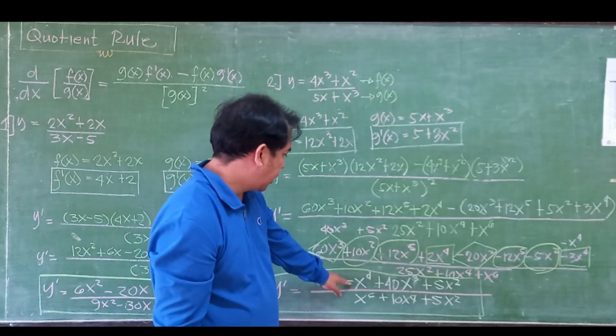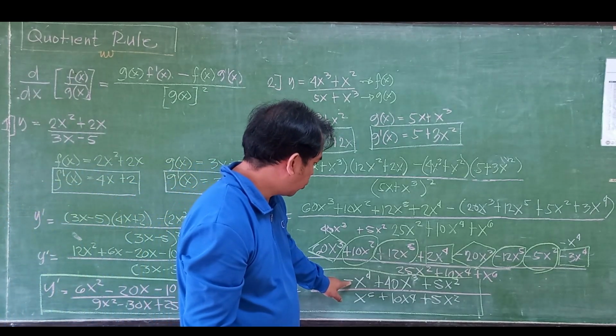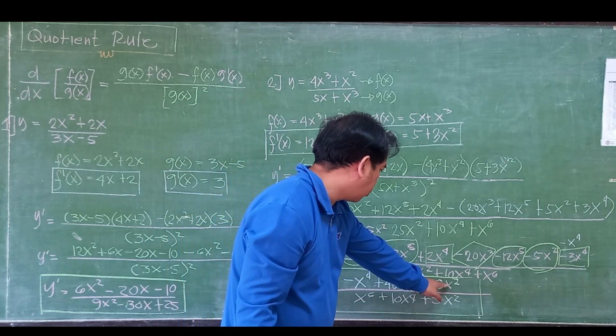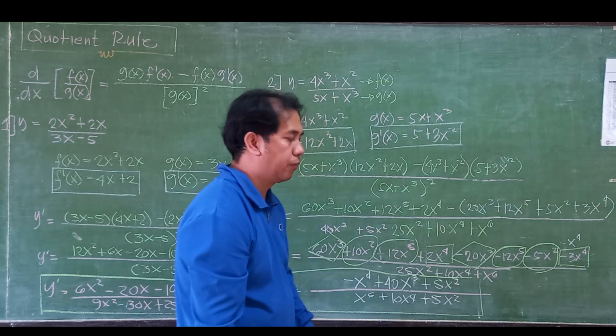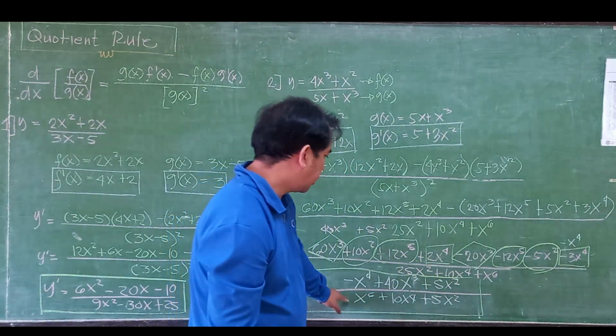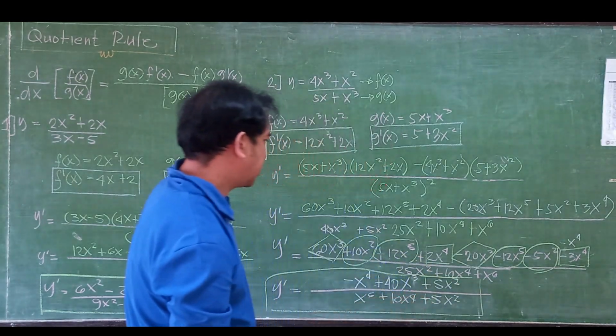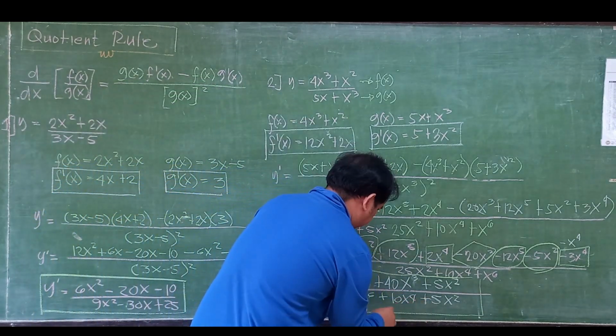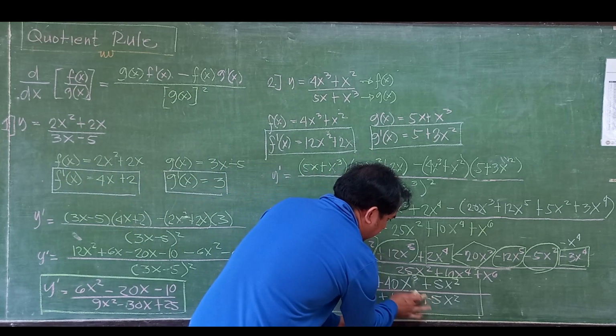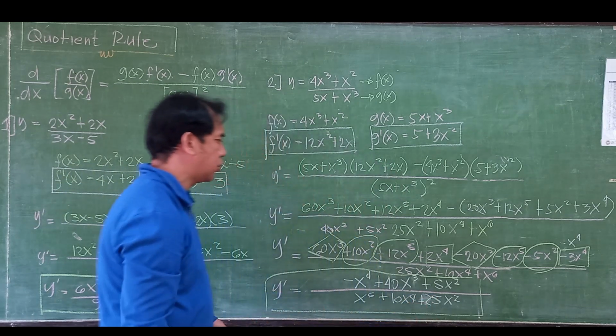As you can see, in the numerator, it has a common factor. What is the common factor? That is x raised to 2. Now what about in here? What is the common factor? Of course, this is 25, okay? 20 plus 25x raised to 2.